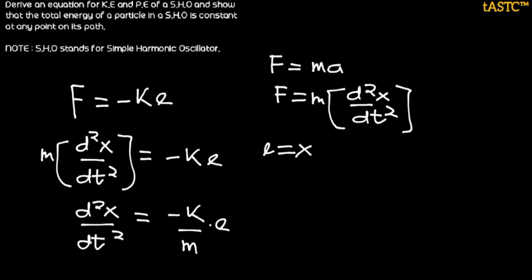That is the distance which the oscillator moved away from the equilibrium position. So instead of writing e, I'm replacing it with x. In that case, we have d squared x over dt squared equal to minus k divided by m multiplied by x.